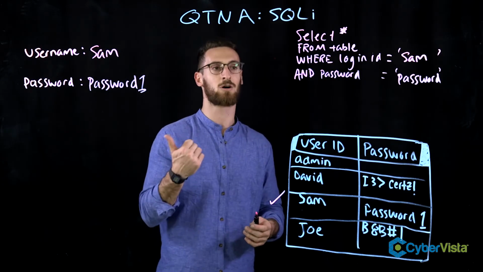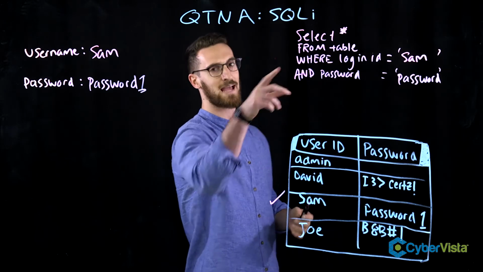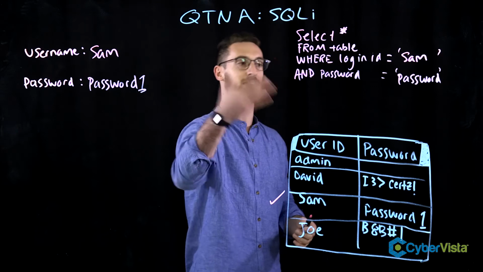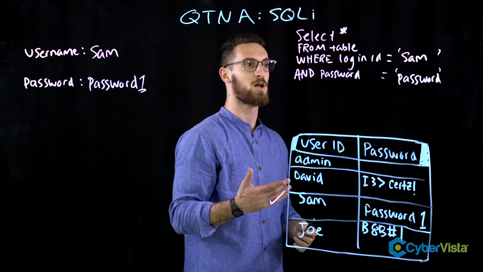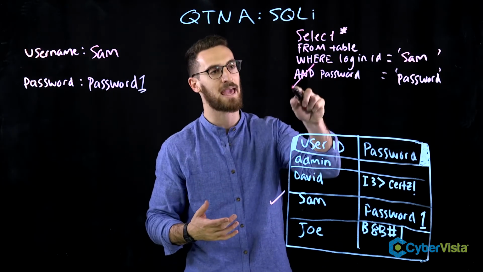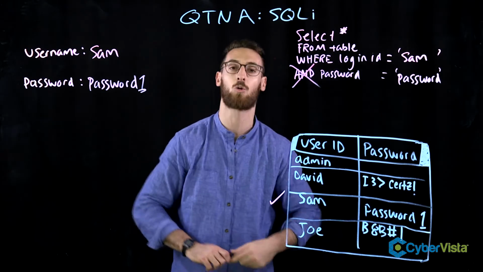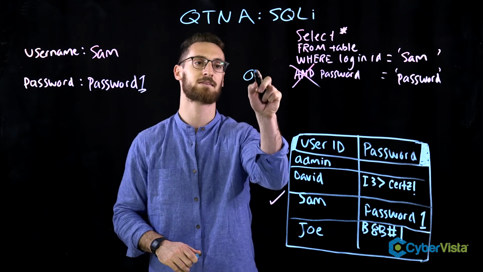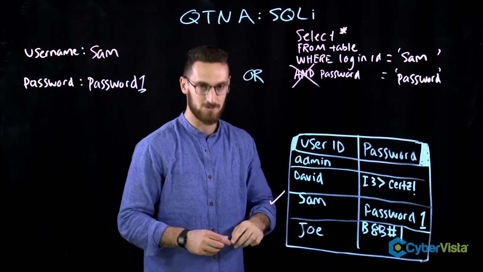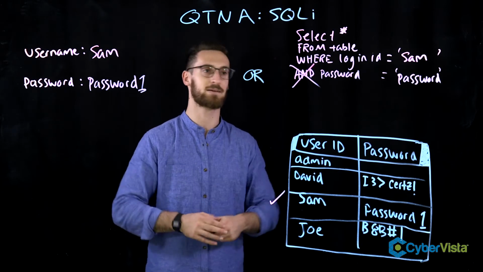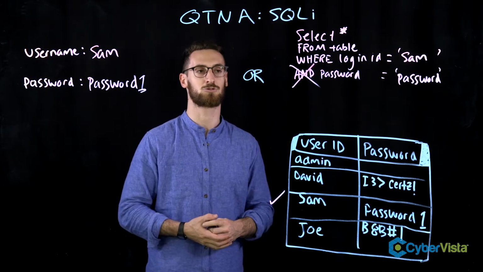The first thing you would want to do is, if you think about it, we had to create two true conditions. The login had to be Sam, and it had to match with the password being password1. But instead of doing AND, let's make our lives a little easier from the attacker perspective and do an OR statement. The OR statement allows us to say only one of these things has to be true, and then we're able to log in.